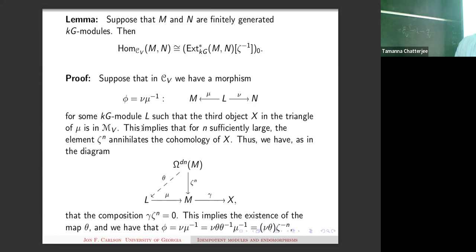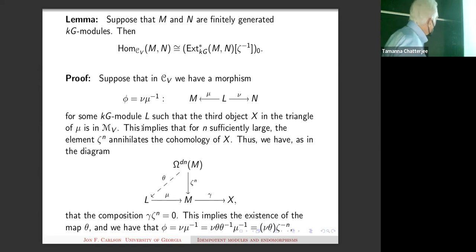And what you have to prove, and this is actually not too hard, but I don't have time to really do it yet, is that for n sufficiently large, some power of zeta annihilates the cohomology of this third object in that triangle.